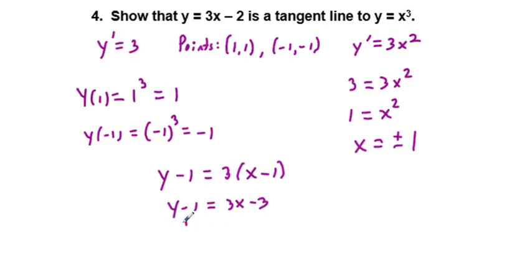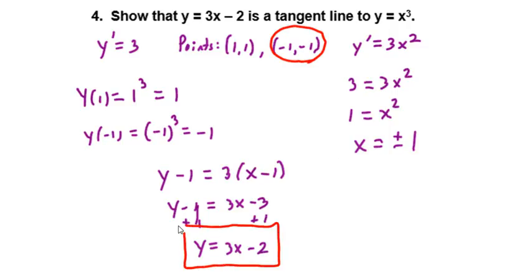If we add 1 to both sides of this equation, we have y equals 3x minus 2. And so we've shown that at x equals 1, we don't even have to try the second one here, because we've already found the correct answer. So we've gone through the steps and we have proven that this function is in fact a tangent line to our equation y equals x cubed.